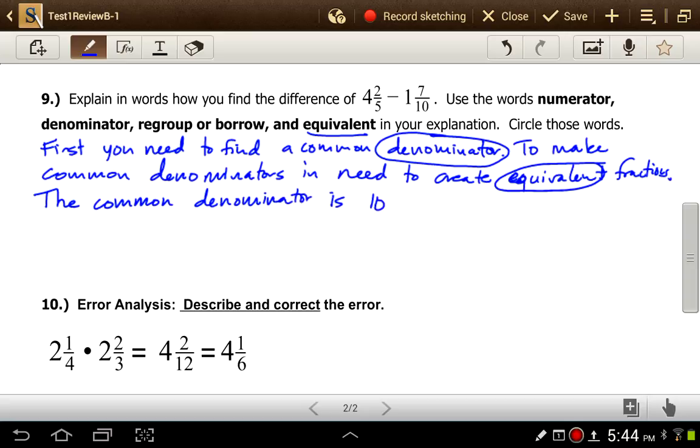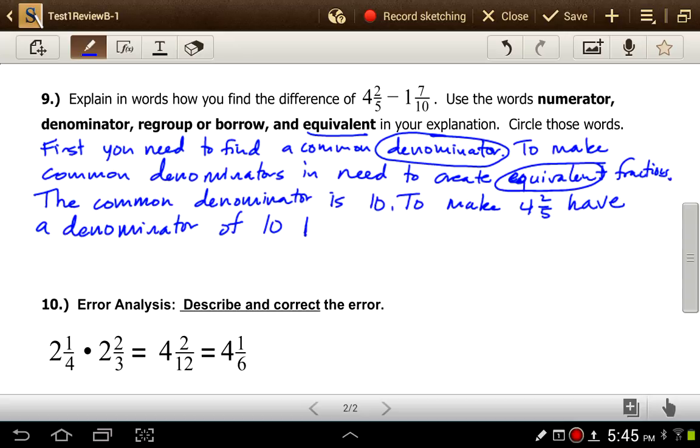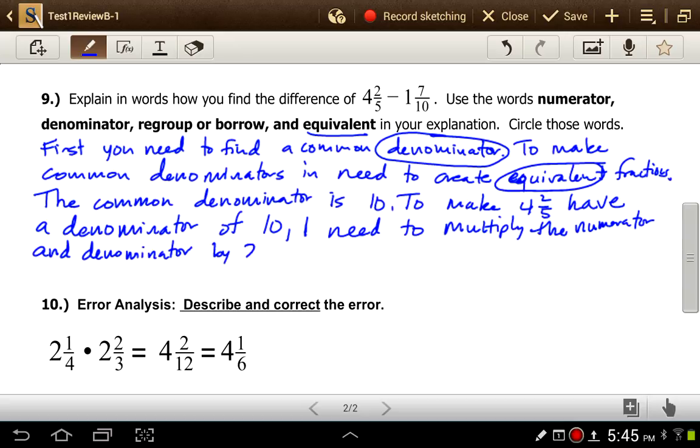All right. To make 4 2/5 have a denominator of 10, I need to multiply the numerator and denominator by 2.